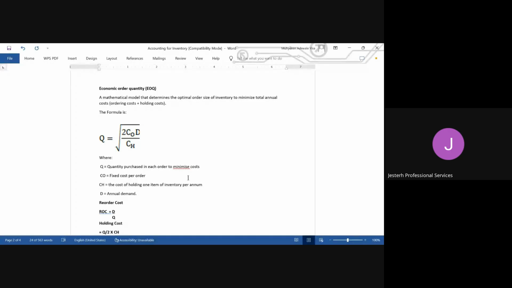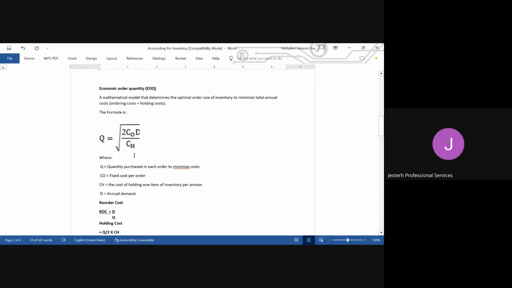And then economy order quantity has a formula that we need to understand very well, because you having this formula in your head will help you to break down whenever you see a question relating to EOQ.